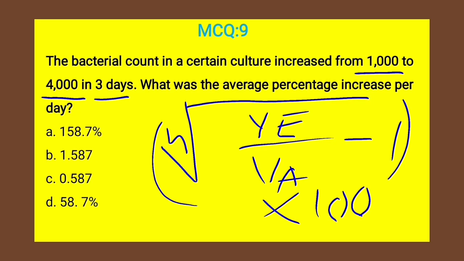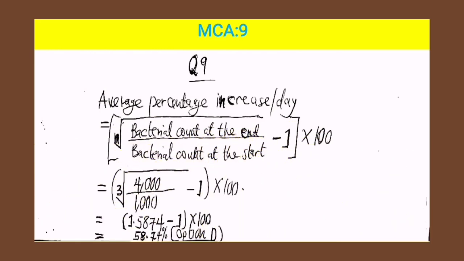So let's see, I made a presentation here. The average percentage increase per day in the question will be the bacteria at the end over the bacteria at the start, minus 1, and all multiplying by 100.